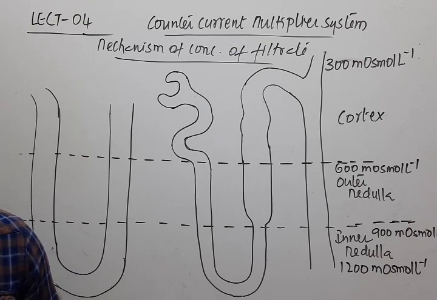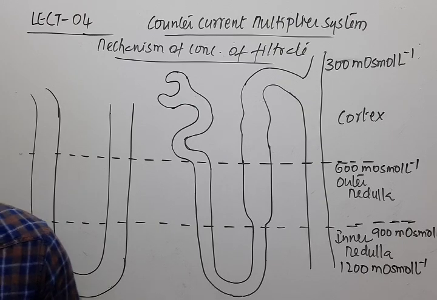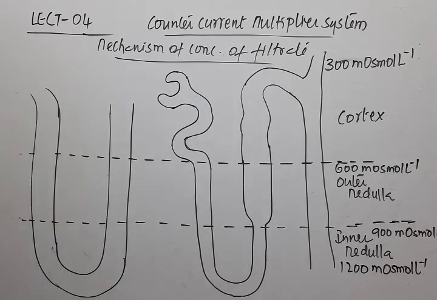The juxtamedullary nephrons are only around 15%, whereas the cortical nephrons are about 85%. In desert animals, the number of juxtamedullary nephrons will be more compared to cortical nephrons, like in the North American kangaroo rat.